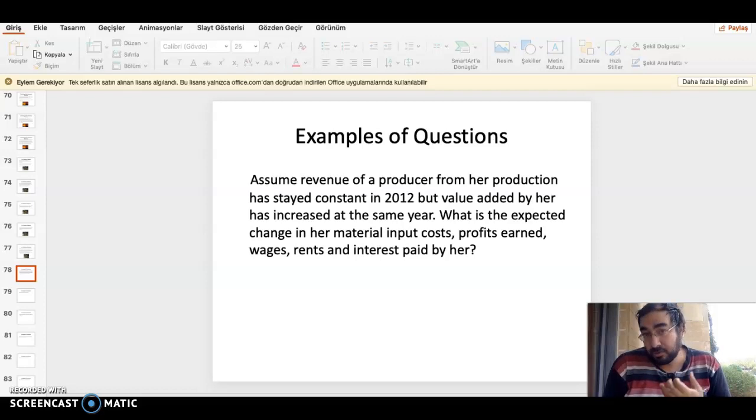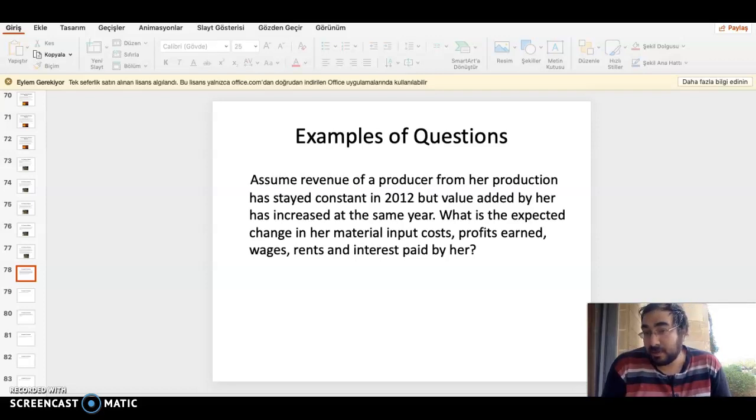If we had tax, we should add that, but we don't have tax here. So profit, rent, wage, and interest collected together as a whole should increase, but we cannot know how much individual ones have increased. Maybe one of them has increased and the other one has increased even more.